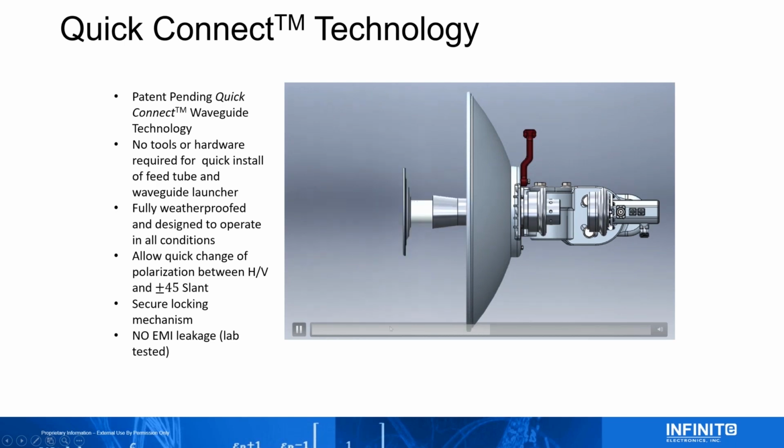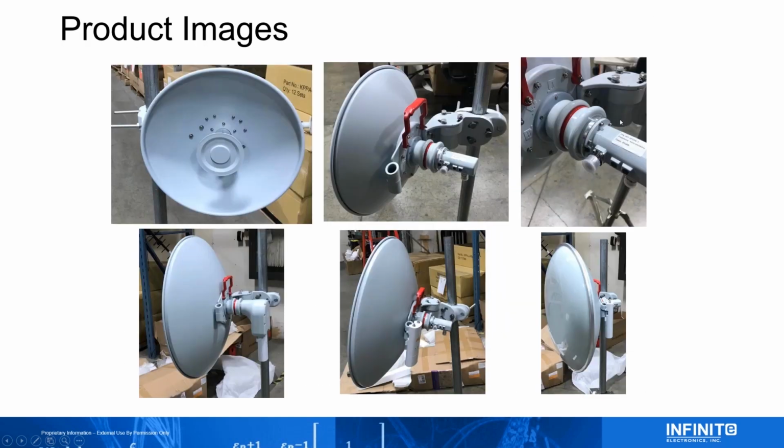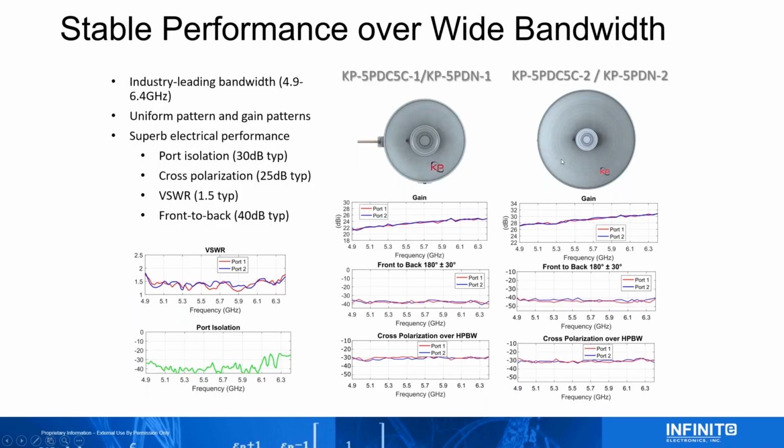If I go back to this image right here, you can see we have these markings which tell you, when the port aligns with H, that's H, when the port aligns with V, that's V, but you can rotate this 45 degrees so it's slant. So you have that flexibility in buying one antenna that'll work for different types of AP radios, different polarizations. Like I said at the beginning, the polarization mismatch is not a big issue, but obviously you want to match it as much as you can to get the best signal strength.